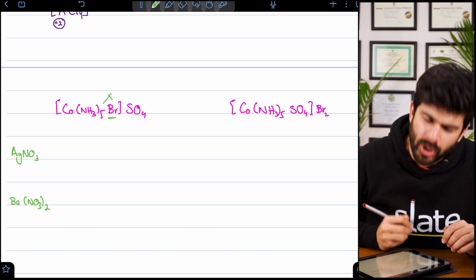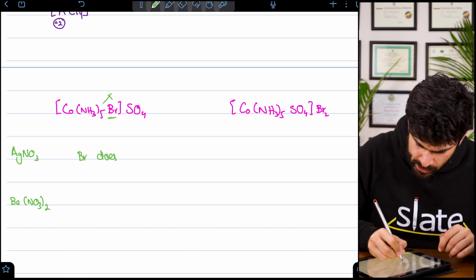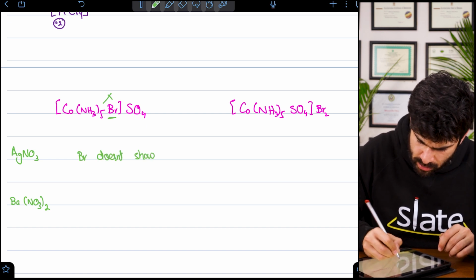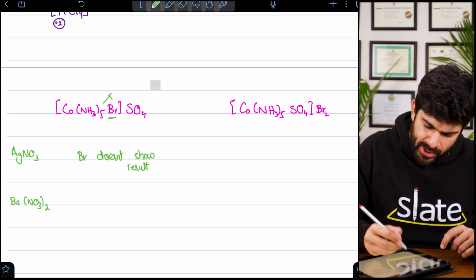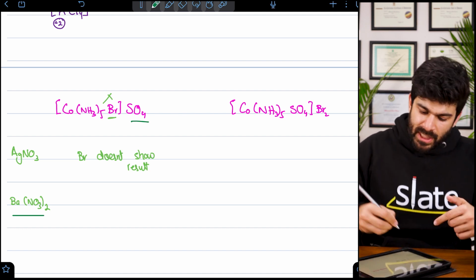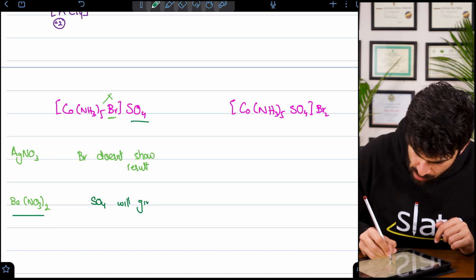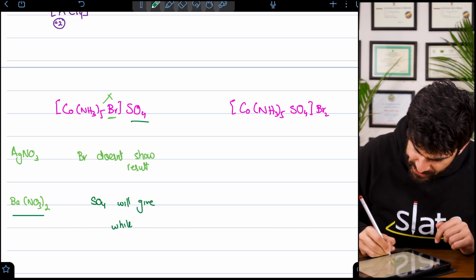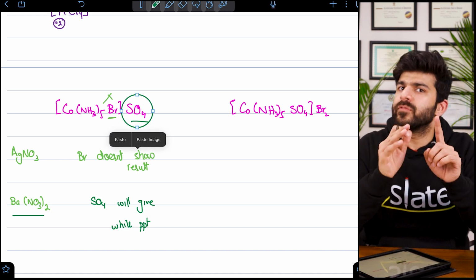So this bromide does not react. Br does not show a result. But when we react with barium nitrate, the sulfate will give a white precipitate, because it's outside the complex. It is not a part of the complex.